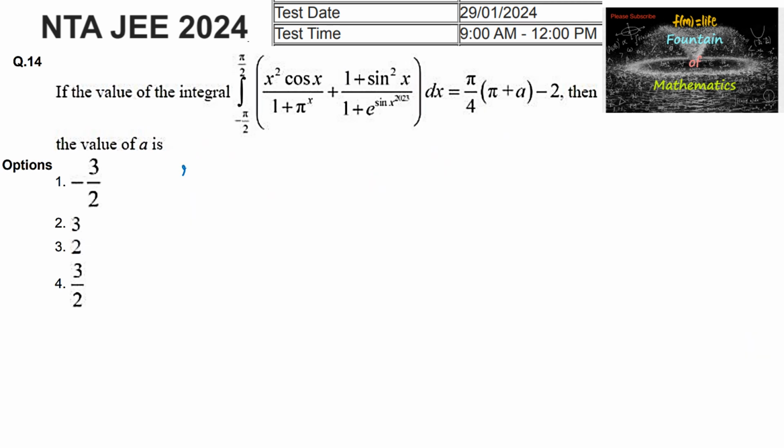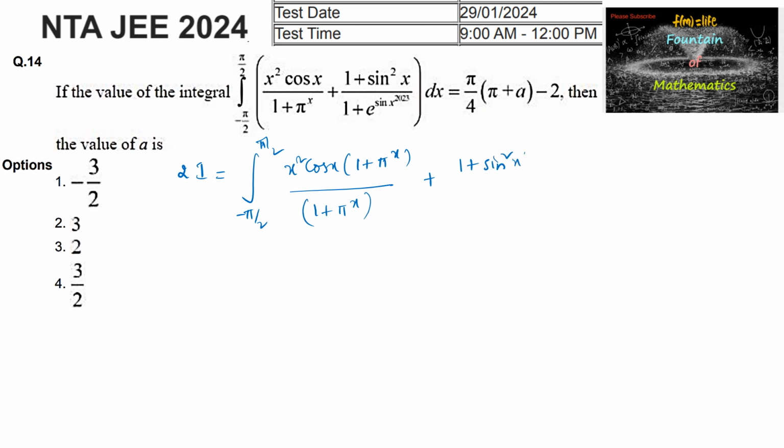we get 2I is equal to integral minus pi by 2 to plus pi by 2. So we can say pi to the power of x or x square cos x taken common. So we'll get 1 plus pi to the power of x upon 1 plus pi to the power of x, and again here 1 plus sine square x taken common.